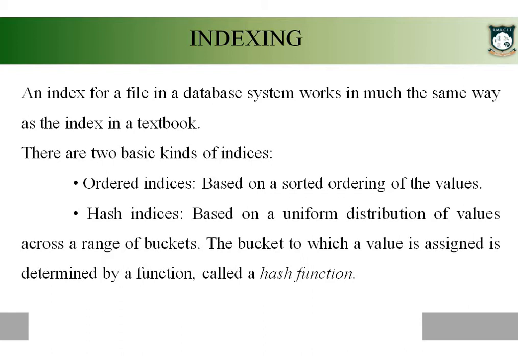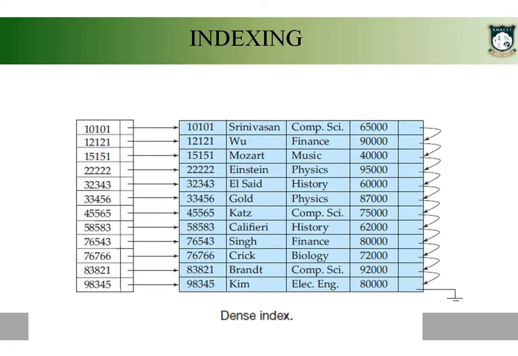Once you apply the hash function, it gives a bucket number as a result. You can just go to that bucket and find the record. So this is what is referred to as hash index. So ordered index, hash index. Now let us discuss ordered index first.